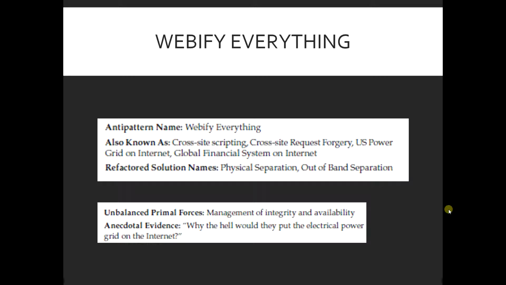The refactored solution names include physical separation or out of band separation. The unbalanced primal forces include the management of integrity and availability. The anecdotal evidence is: why the hell would they put the electrical power grid on the internet?